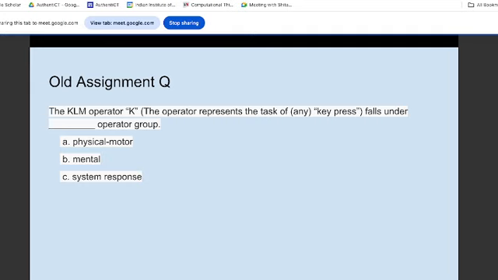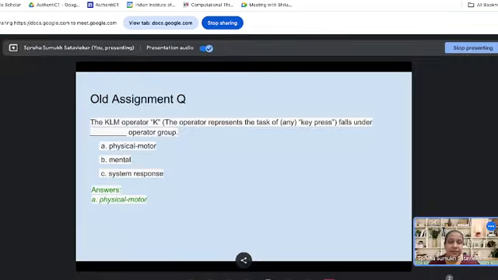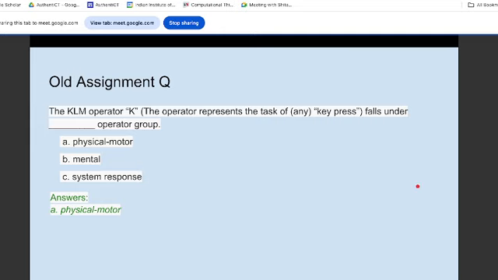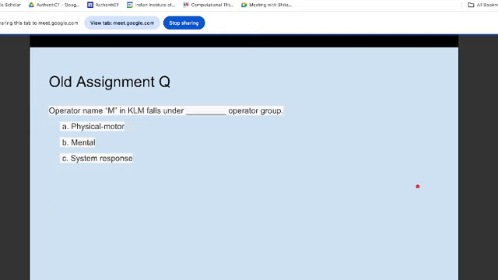So it is a physical motor action. The operator M in KLM falls under which operator group? The mental decision making. So decision making falls under this mental category.